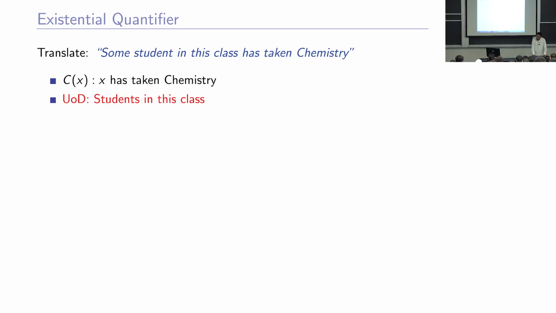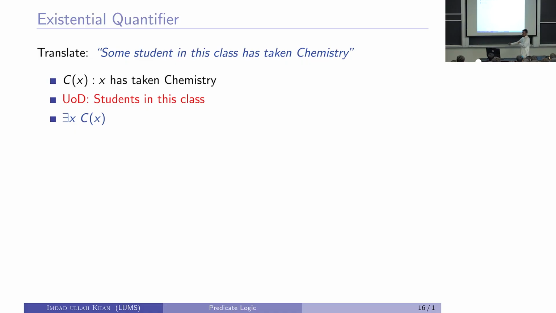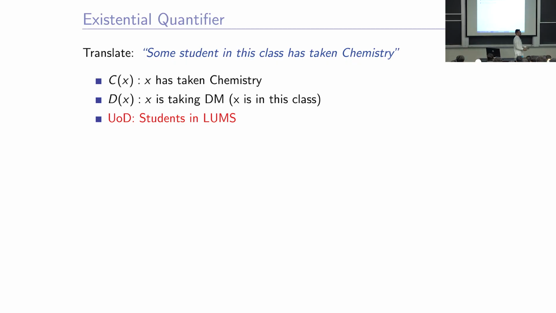Now I want you to use the existential quantifier. You translate it back to English, you will get there exists x: there exists someone in this universe of discourse for whom C of x is true, meaning who has taken chemistry. Correct translation. Let's change the universe of discourse like we did with the calculus thing.